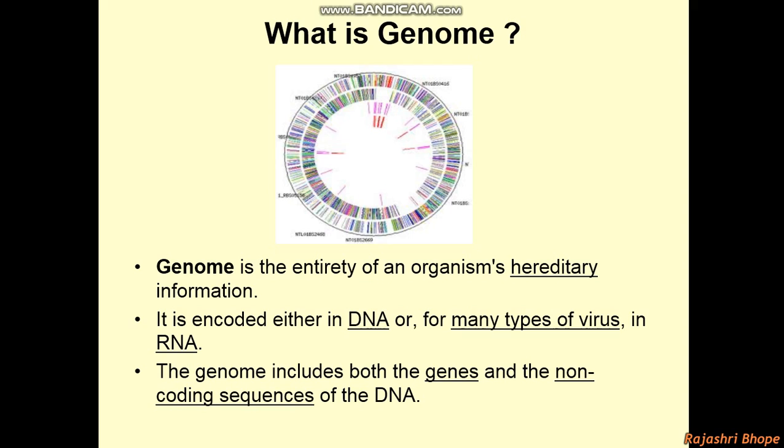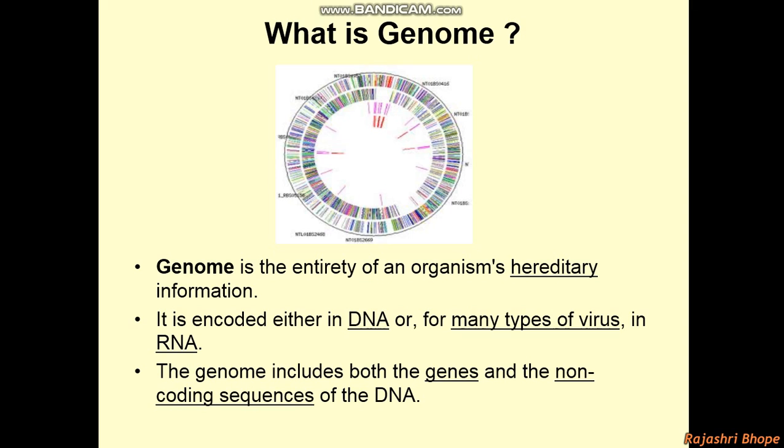What is a genome? The genome is the entirety of an organism's hereditary information. It is encoded either in DNA or, in many types of viruses, in the form of RNA. In 99% of organisms, DNA serves as the genetic material. Only the viruses are exceptions, where in a few viruses you will find RNA present as genetic material.